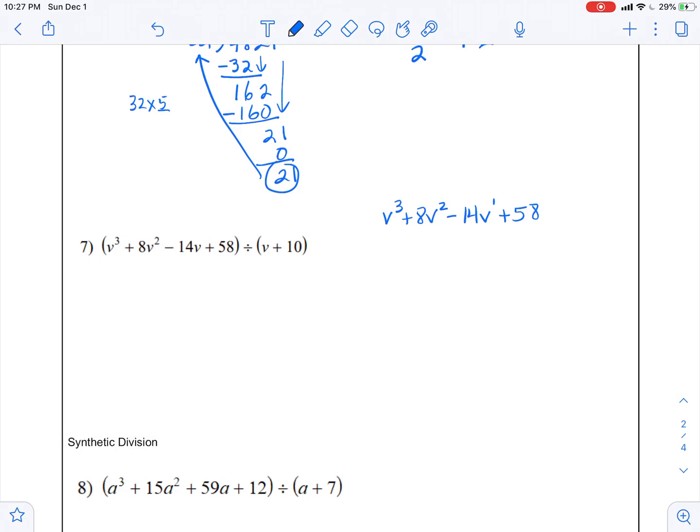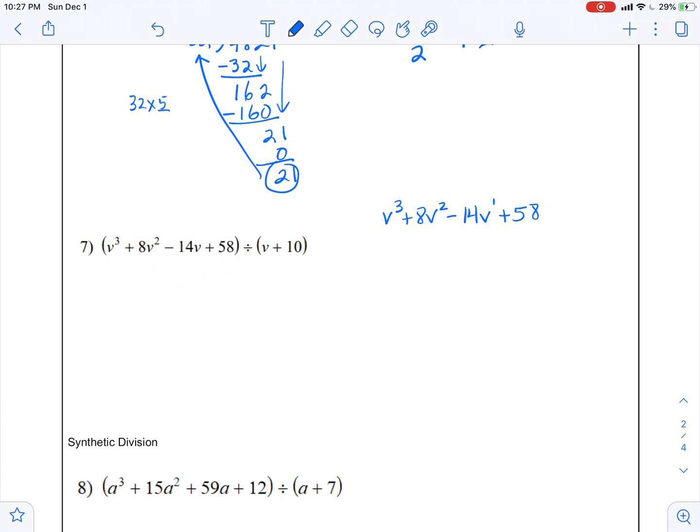In other words, if it had just been something like b cubed plus 8b squared plus 58, then when I wrote it I would have put plus 0b plus 58, just as a placeholder, okay?